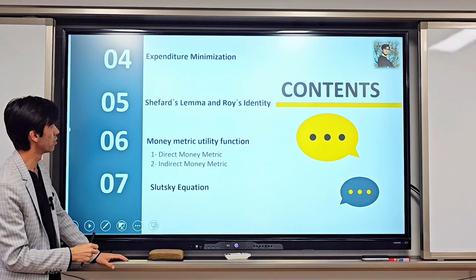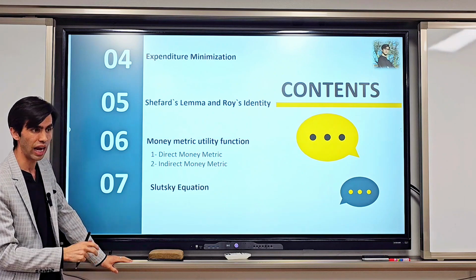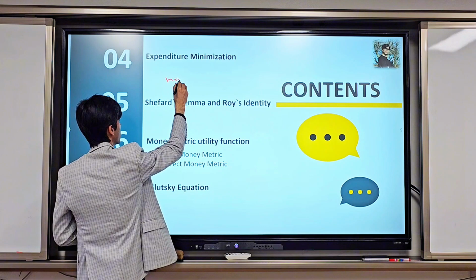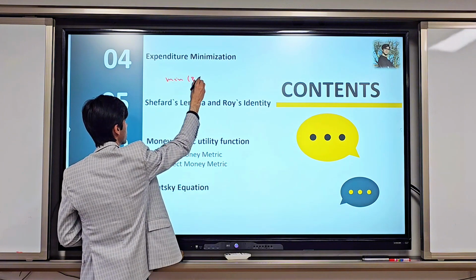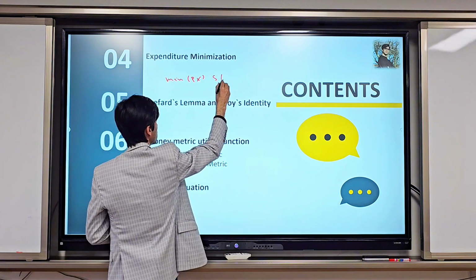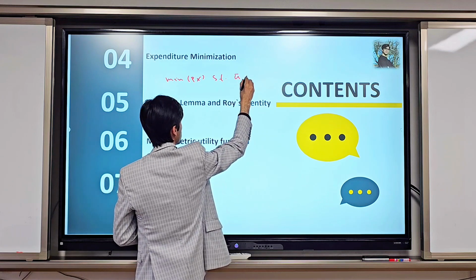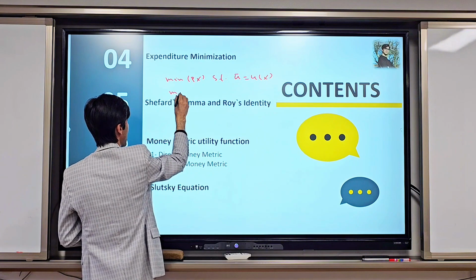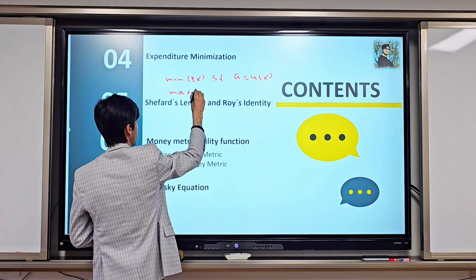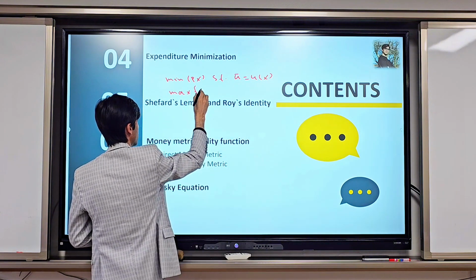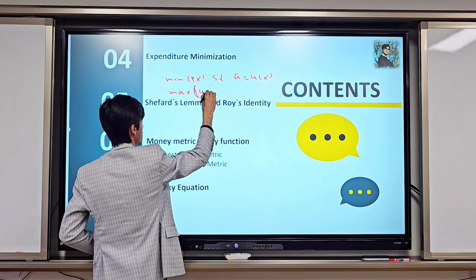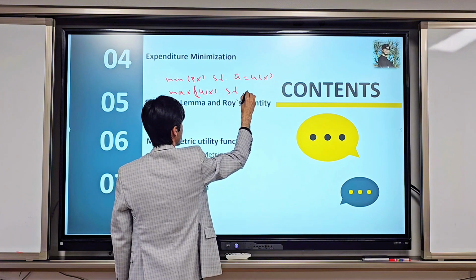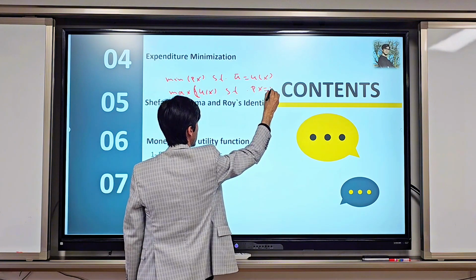And also later on we will talk about expenditure minimization and how expenditure minimization, which is min of px such that u is equal to something, u(x), will give you exactly the same results when you maximize u(x) such that px equal to m.